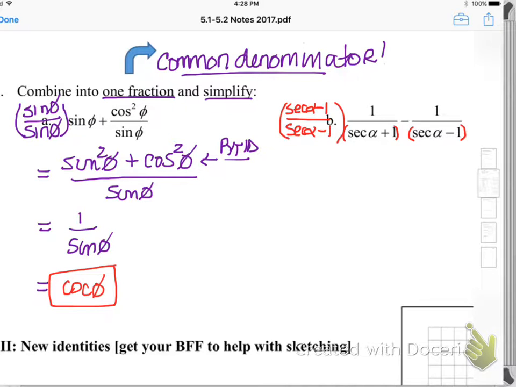I probably should have written this on the next step down, but I got a little lazy here, and now I'm in big trouble because I don't think I can move this over. Can't move this over, so we're just going to do the best that we can do here. So I'm going to multiply this guy by secant theta plus 1.